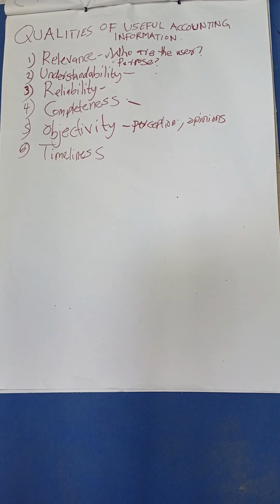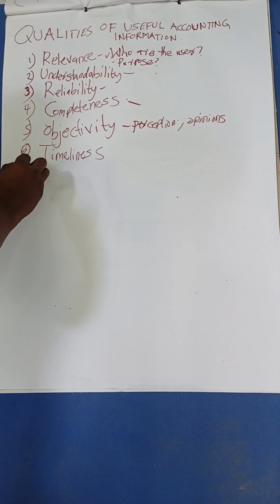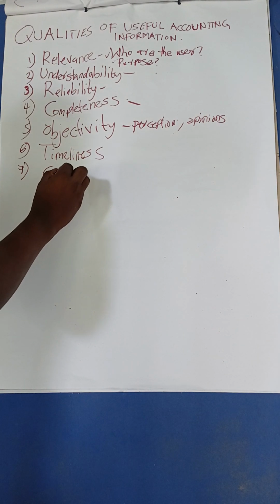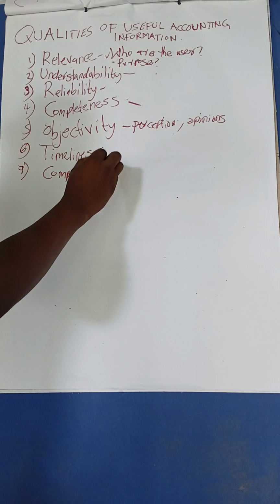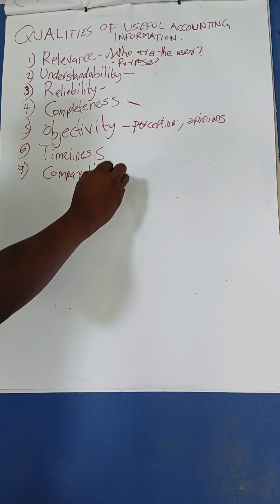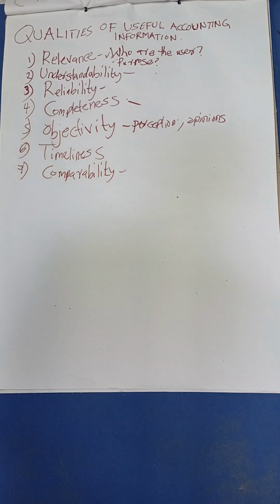We have another one, comparability. I think this one we are just being reminded. Remember, we had done this in the principles. Comparability. Remember I said that we are guided by certain principles that every accountant has to abide by.